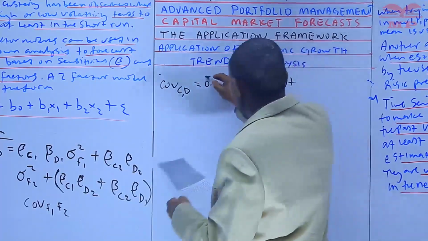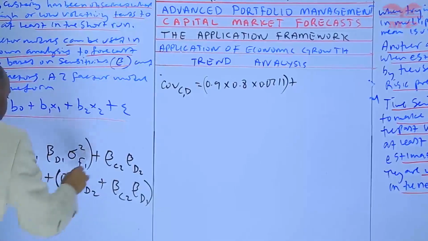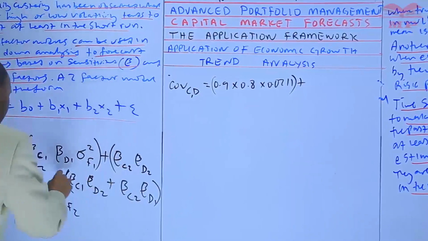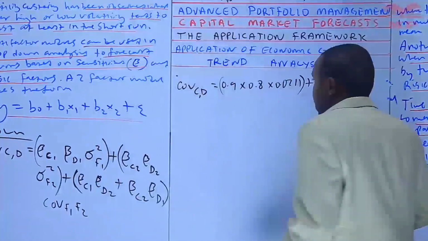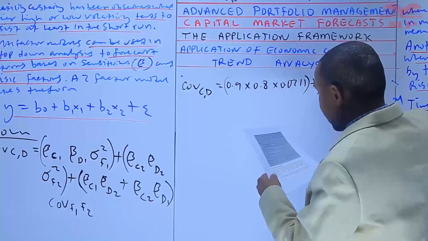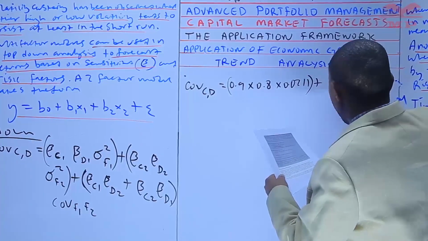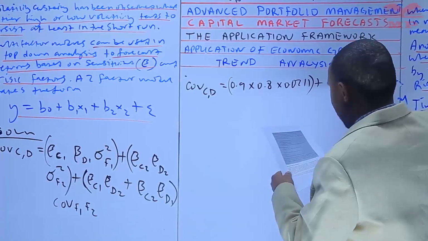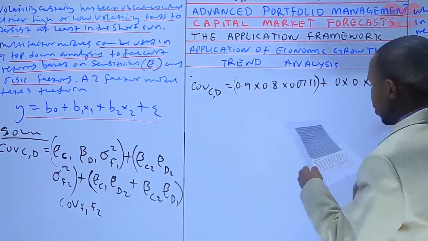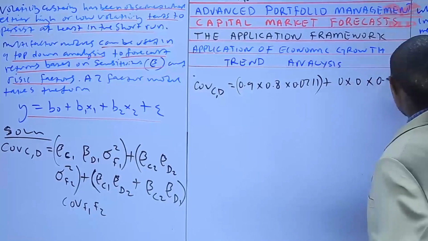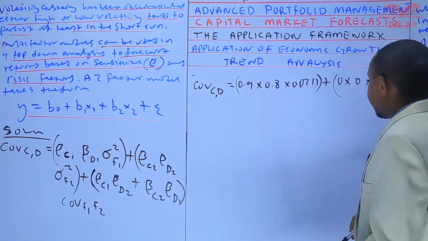That's the first component. And then we have 0 multiplied by 0 and multiplied by 0.000019. That's the second component there.